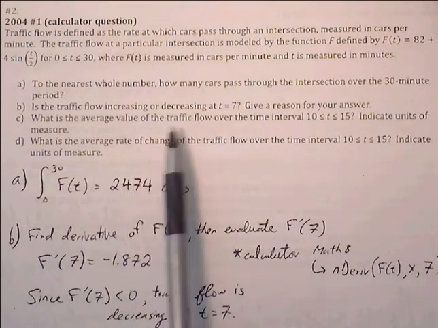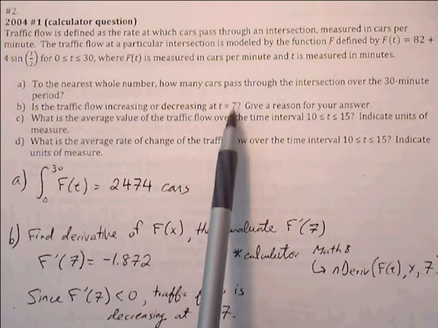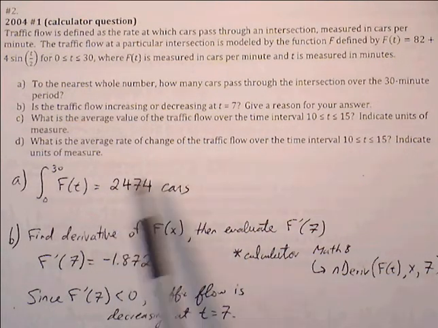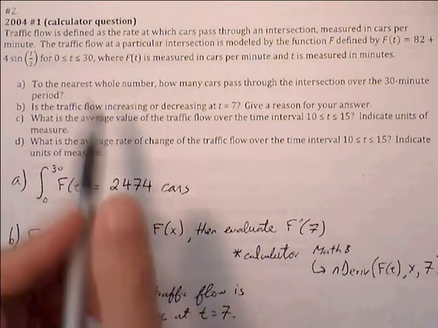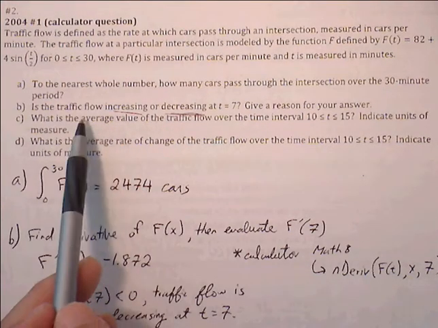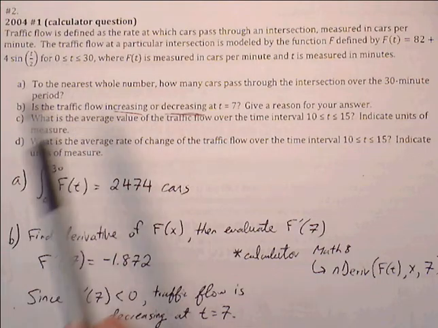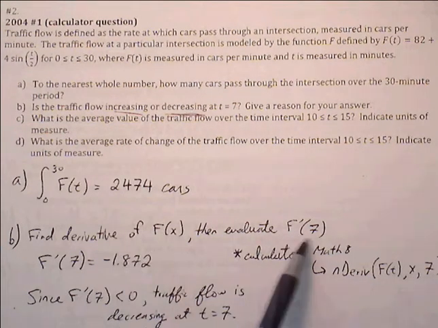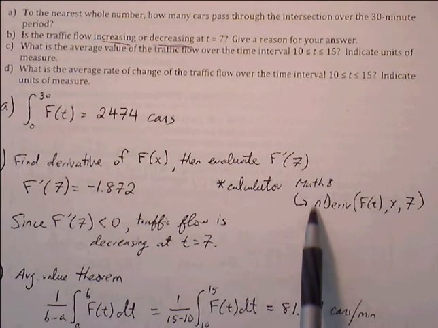Part B: is the traffic flow increasing or decreasing at t equals 7? Traffic flow is f of t. If we want to find out the rate of change of traffic flow, whether it is increasing or decreasing, that involves finding f prime, the rate of change of traffic flow. So we need to evaluate f prime of 7. We can use our calculator.